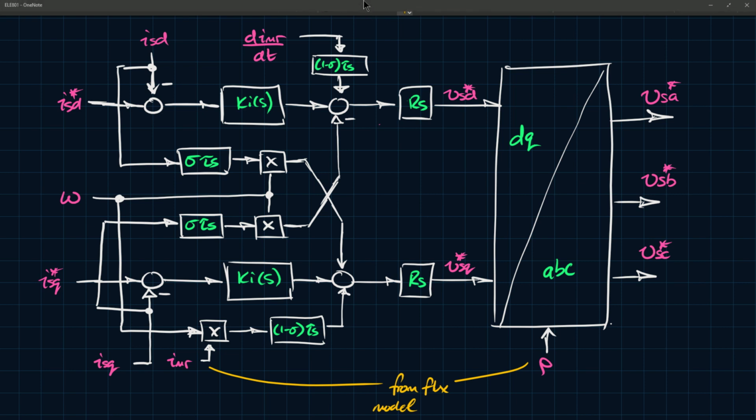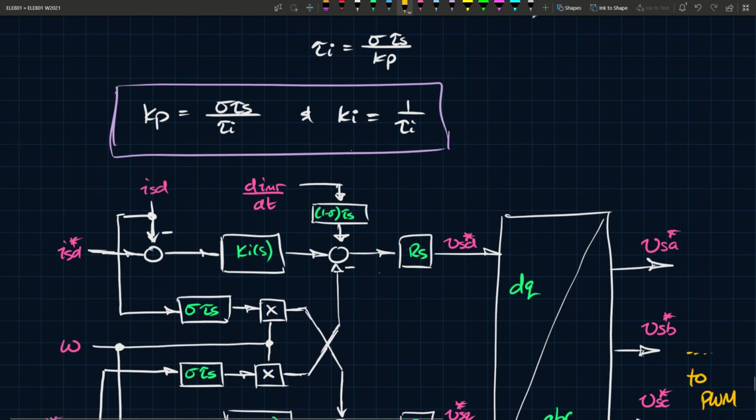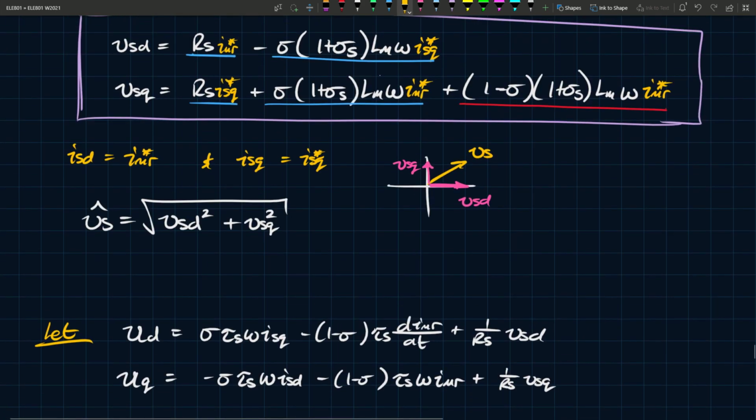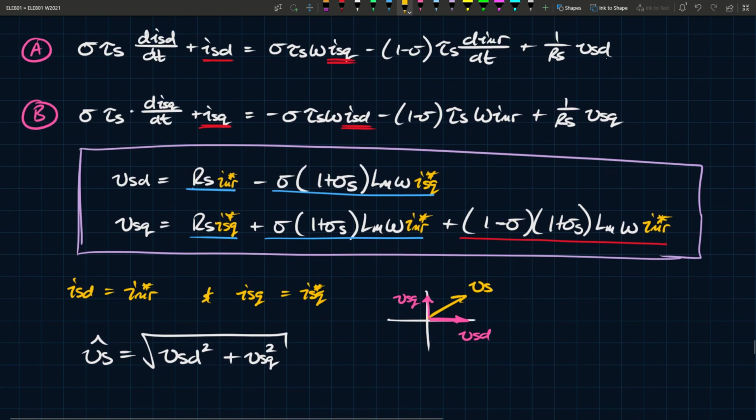So, what's the little trick thing that I was saying? Well, maybe one last thing we can say is here, and you can say to PWM. So all of this goes to the PWM. So the thing to note is, in the differential equations that we had here, you'll notice you had an ISQ and the ISD.